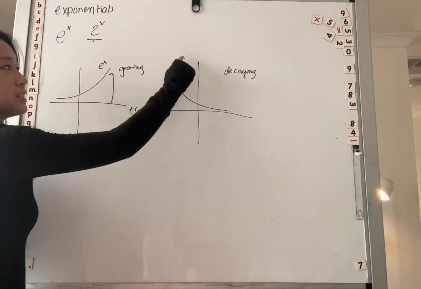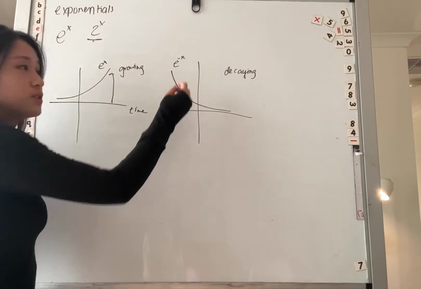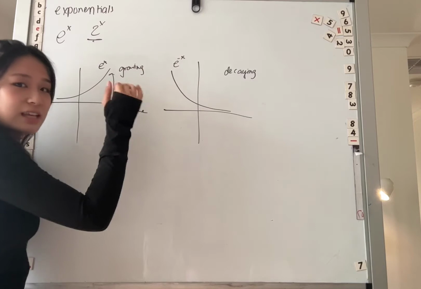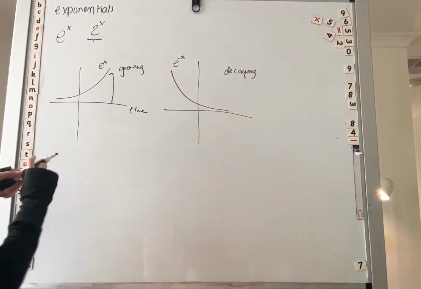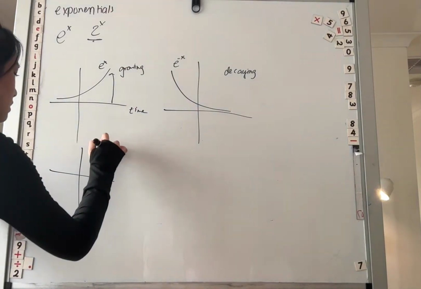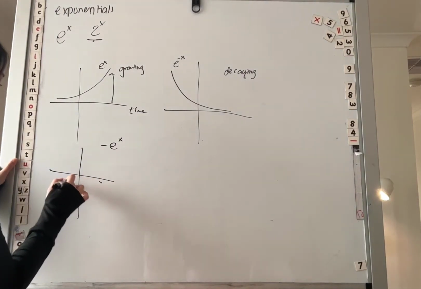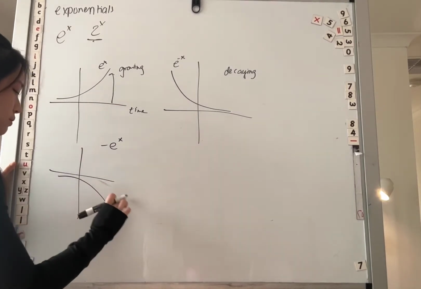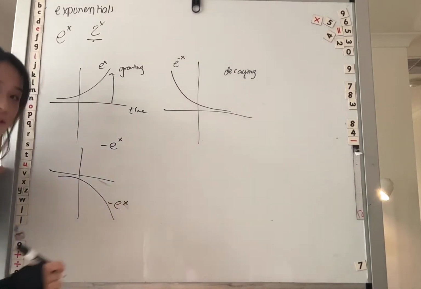That's why there's a negative inside the function. So think of the function e to the power of x. You can see that inside the function is at the negative x, okay? Whereas if you want to flip in the x-axis, so negative x, it will look something like this. Okay, negative e to the power of x.